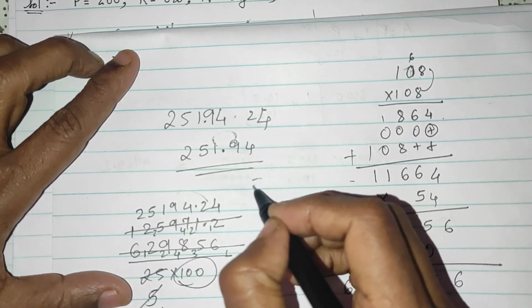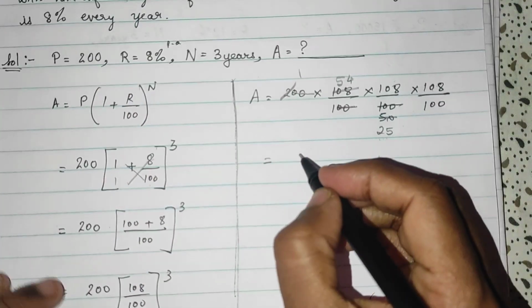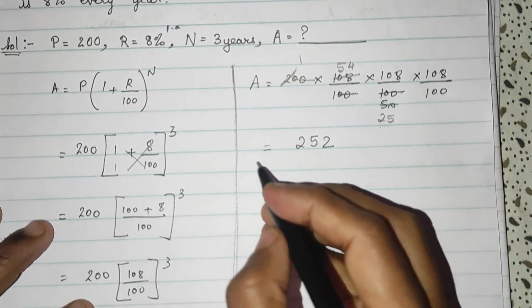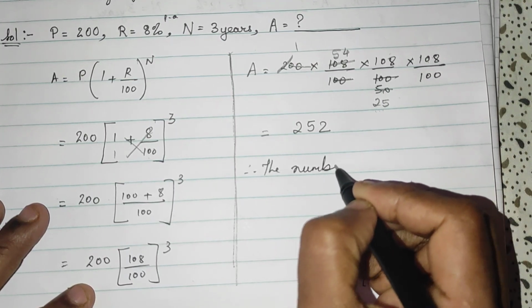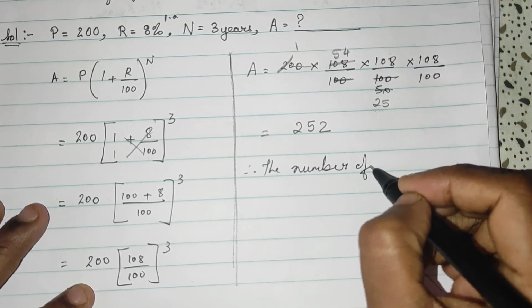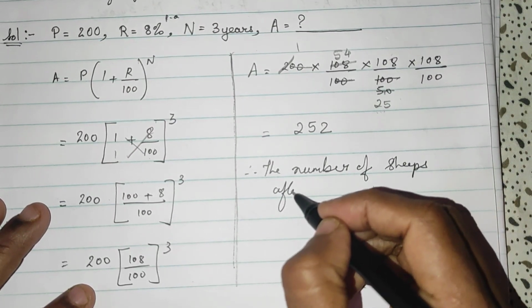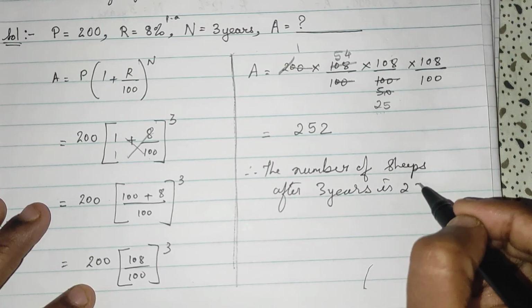So our final answer is 252. So that means the amount is equal to 252. Therefore the number of sheep after 3 years is 252.